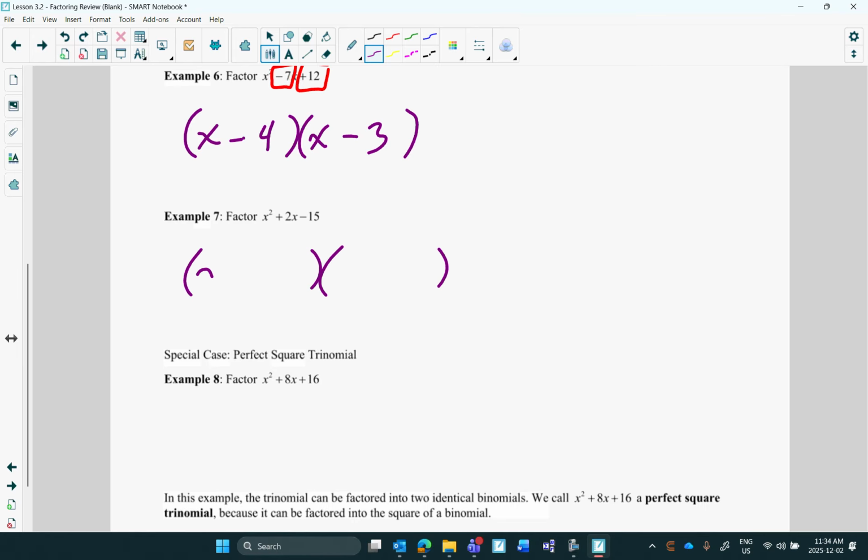My two numbers must add to positive 2, multiply to negative 15, which means one must be positive, one must be negative. Plus 5 minus 3. Correct.